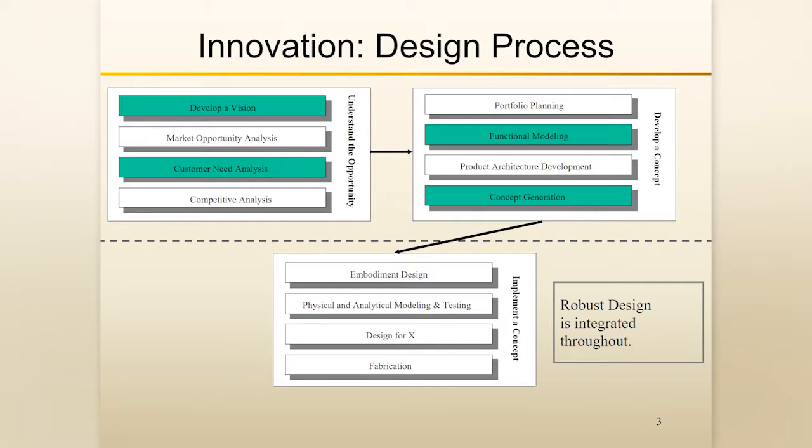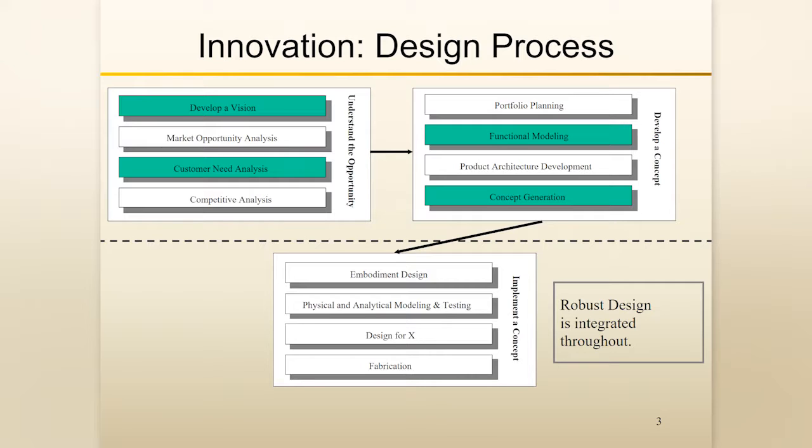What's not shown on this chart is an important stage that we'll also focus on, which is translation of those customer needs into quantitative engineering requirements, or what I like to call performance metrics.